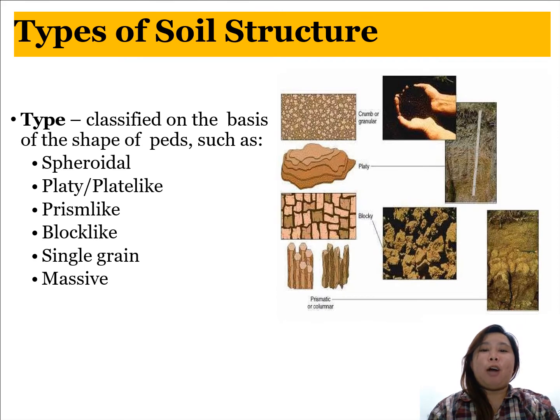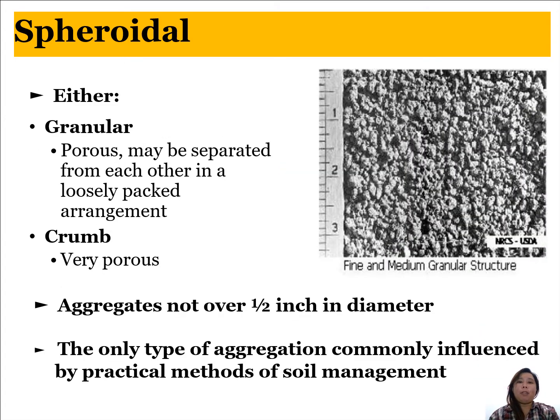Now, soil structure is classified based on the shape of the beds, such as spheroidal, platy or plate-like, prismatic, block-like, single grain, and massive. So let's discuss these one by one. For the first soil structure, we call it spheroidal.